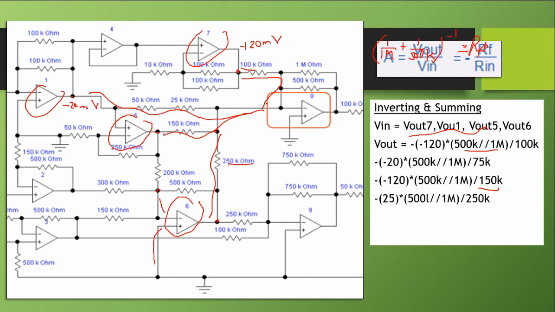That's 250, 250k. So the same RF for every input, but they have different R in. Then the total is 722 millivolts. For op amp 8, the output is positive 722 millivolts.